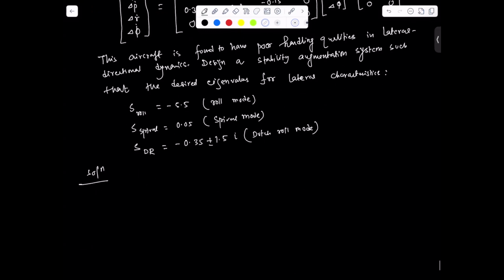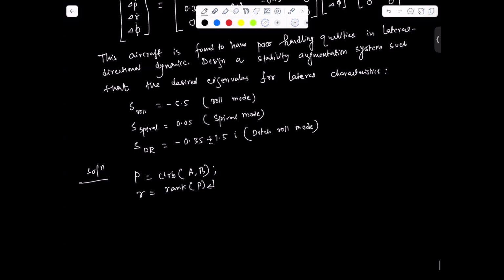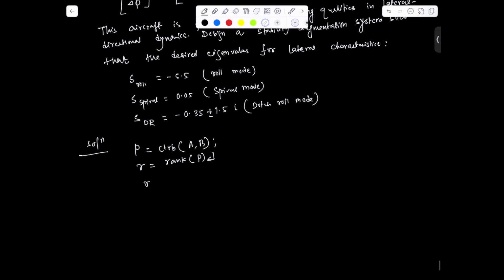For that, in the MATLAB command, we can find the P matrix, the controllability test matrix, using ctrb(A, B), and we can find the rank of P. If we enter the MATLAB command, the rank is found to be 4, which means the system is controllable.